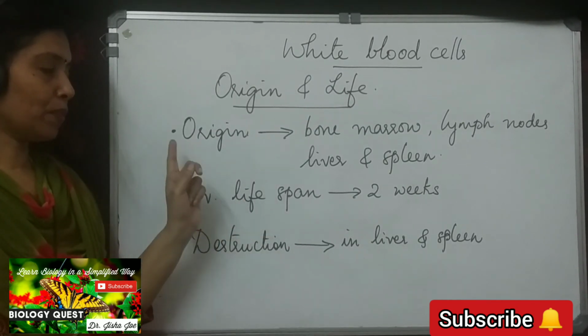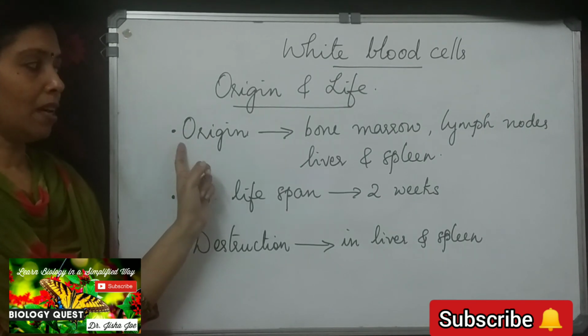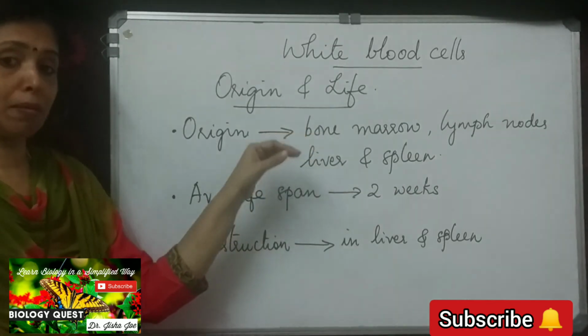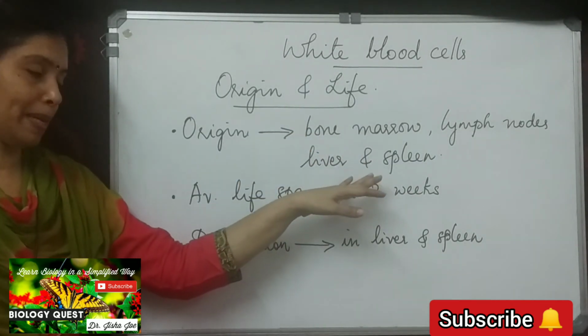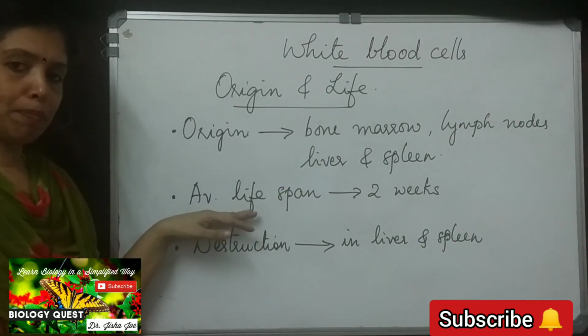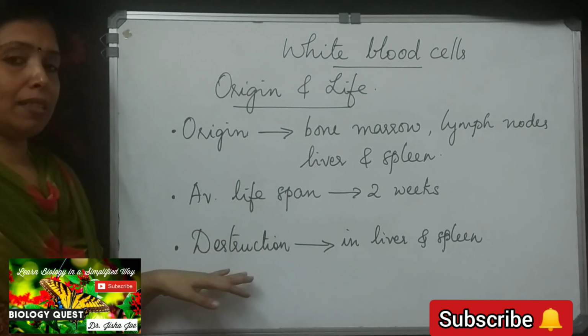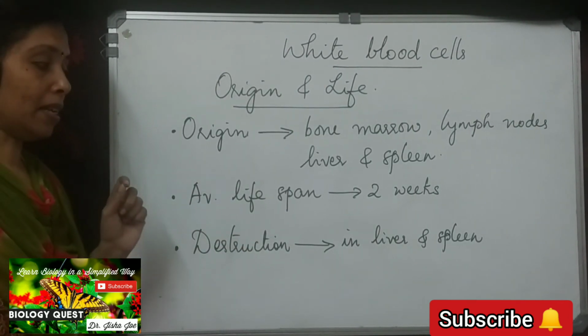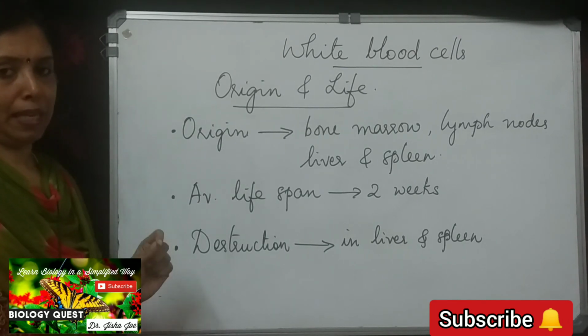So once again, where does it originate? It has its origin in the bone marrow, lymph nodes, or sometimes in the liver and spleen. The average lifespan is 2 weeks, and the destruction of the damaged WBCs occurs in the liver and the spleen.